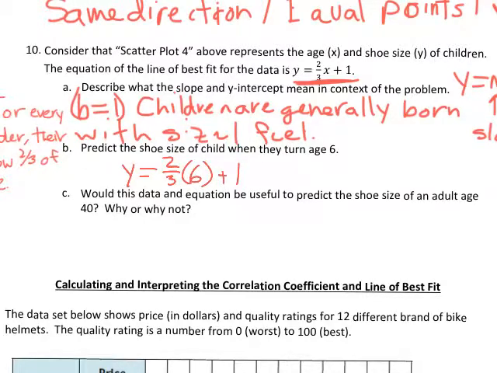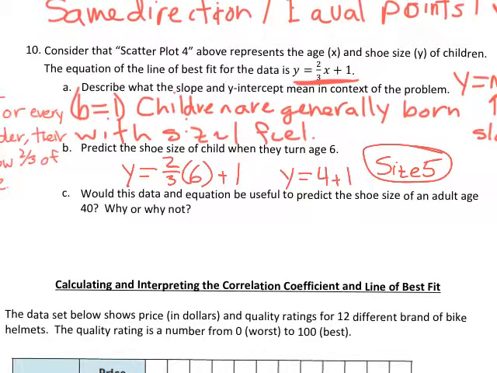Remember, a fraction times a whole number, multiply the tops, divide by the bottom. So 2 times 6 would be 12. 12 divided by 3 would be 4. So we have y equals 4 plus 1. So it's going to be size 5. When they're age 6, they would have a size 5 shoe.